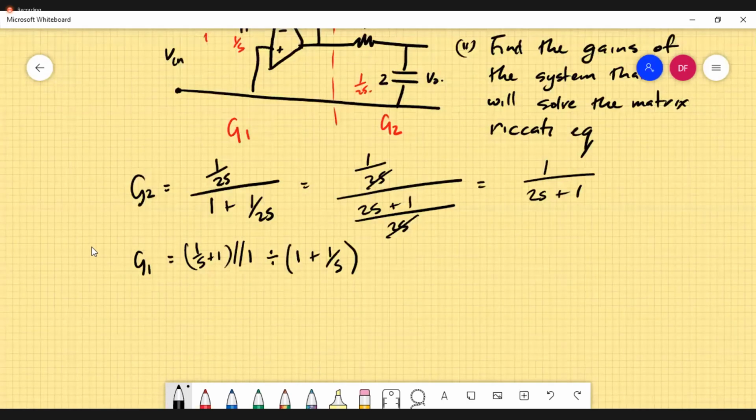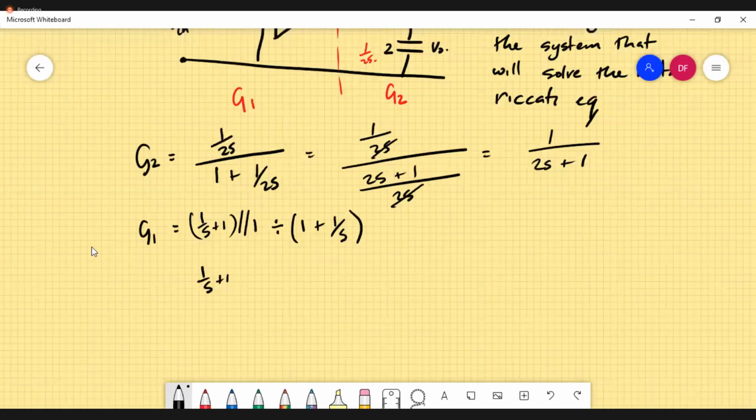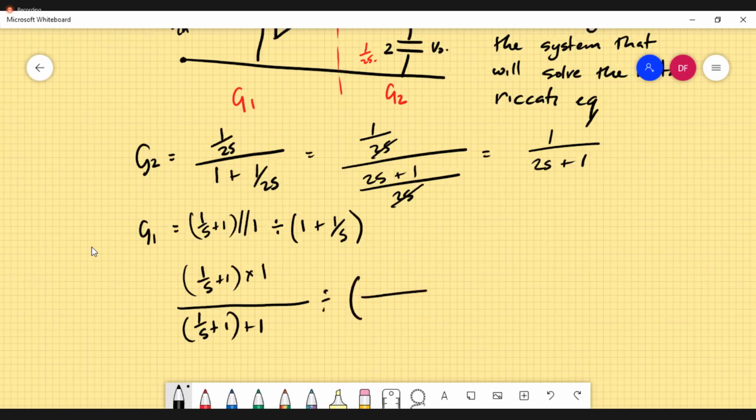This is 1 over s plus 1 times 1, divided by 1 over s, product over sum, plus 1, divided by everything over common denominator s plus 1 over s.